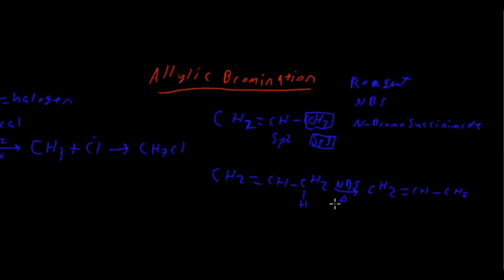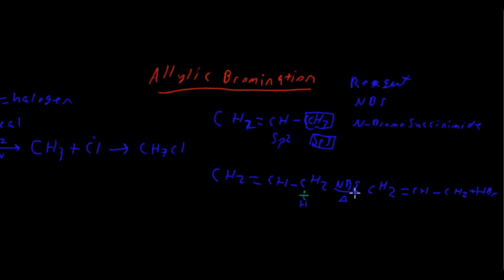So now we have CH2 here. However, for this to make sense, we're also going to add in our HBr to show where that hydrogen went. What happened for this CH2 to become a CH2 without a double bond is that this bond was cleaved in half. One electron stayed with the H and one electron stayed with the carbon.